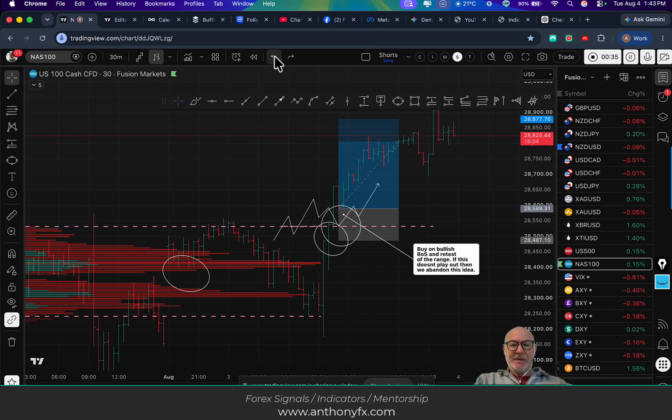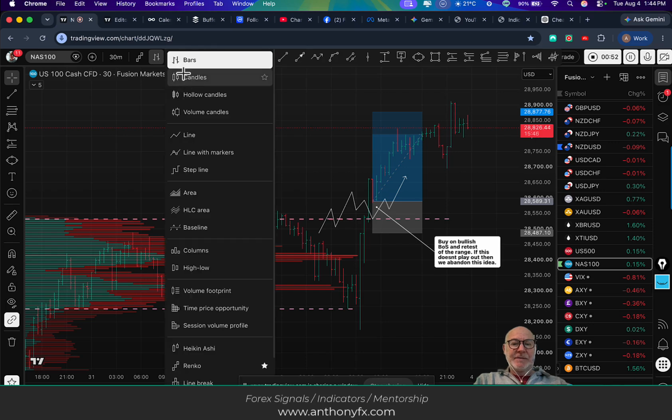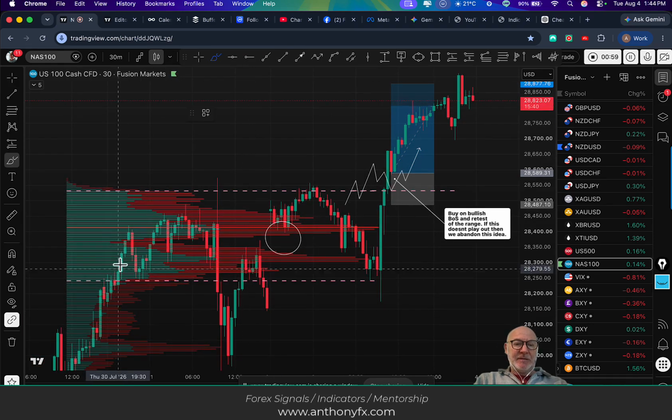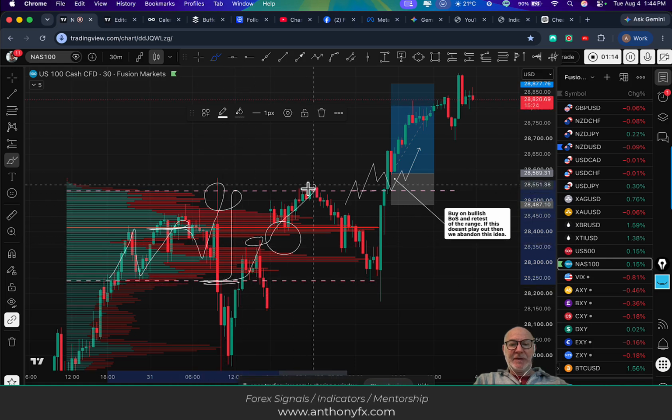Let's just back out of these drawings. Bear with me for a sec. All right. We were looking for this, and I talked about the volume profile value area. Value will generally trade from the low to the high, or into the point of control to the high. Back to the low, retesting the point of control, back to the high, back to the low.